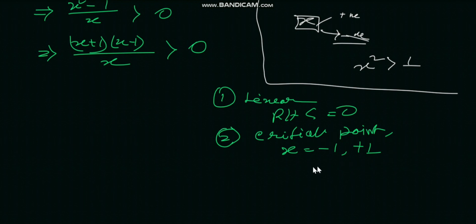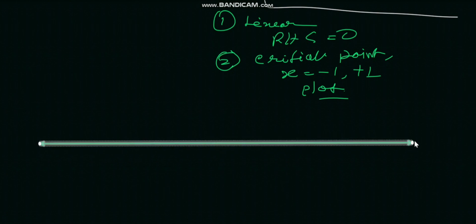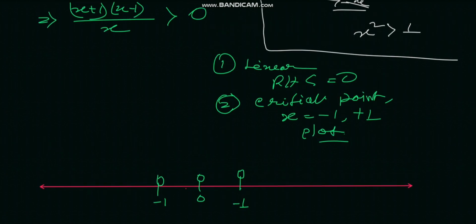so we need to plot these numbers in the number system. Let's have the number system here. So I plotted the number system here. Okay, so this is 0, this is plus 1, this is minus 1. We need to satisfy this expression, which must be a positive number.